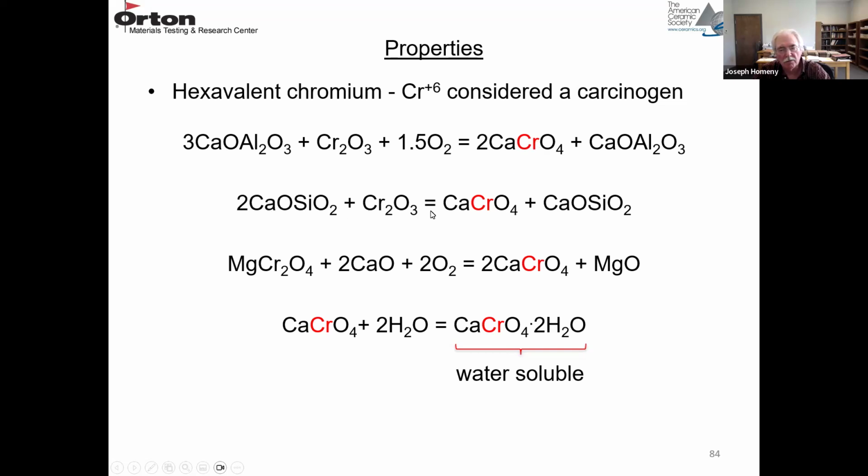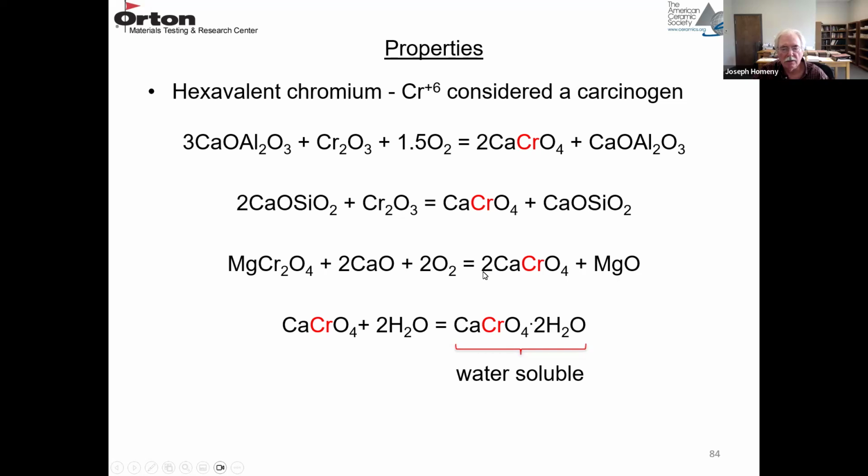CaSiO2 plus Cr2O3 forms the same compound, CaCrO4. There are some other byproducts here, CaO, Al2O3 and CaOSiO2. And then this spinel MgCr2O4 plus lime plus oxygen forms the same compound, CaCrO4, plus some additional MgO.